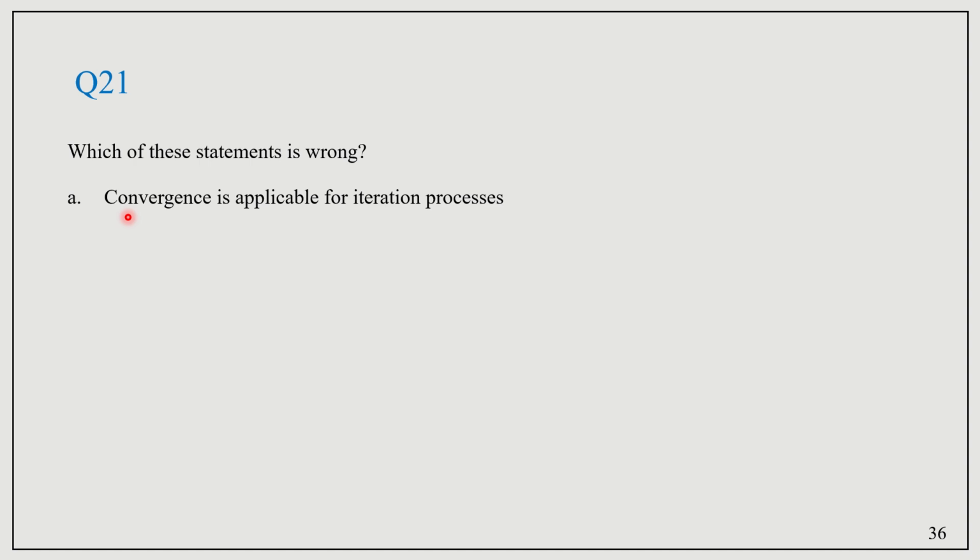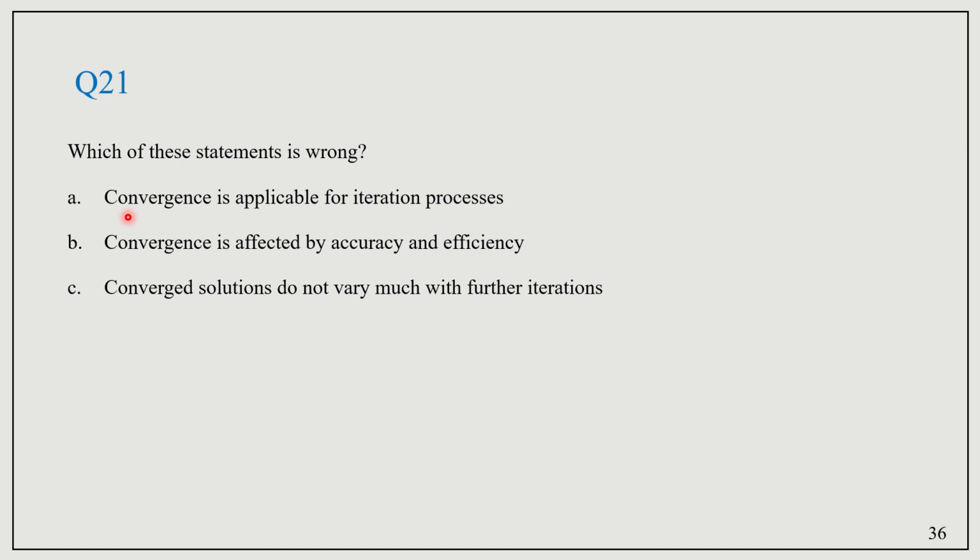Now moving on to question 21: which of these statements is wrong? Option A, convergence is applicable for iteration process. Option B, convergence is affected by accuracy and efficiency. Option C, converged solutions do not vary much with further iterations.